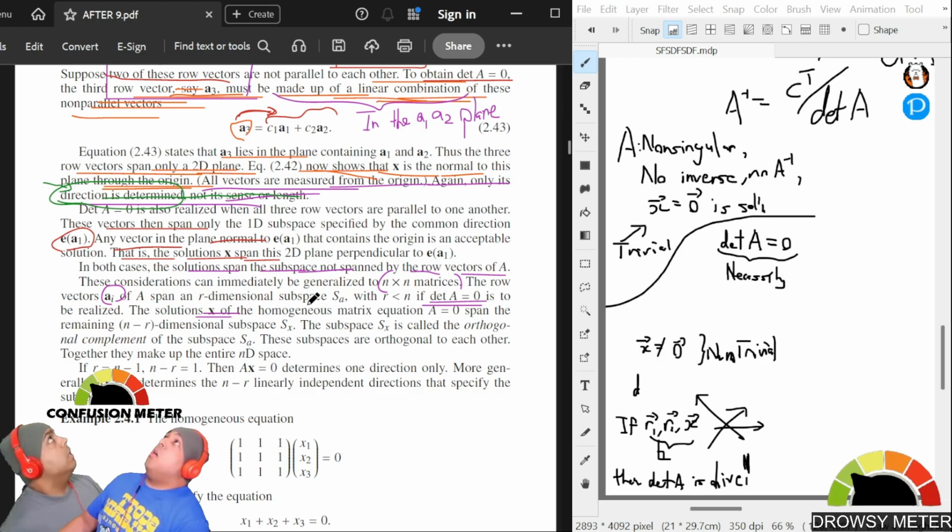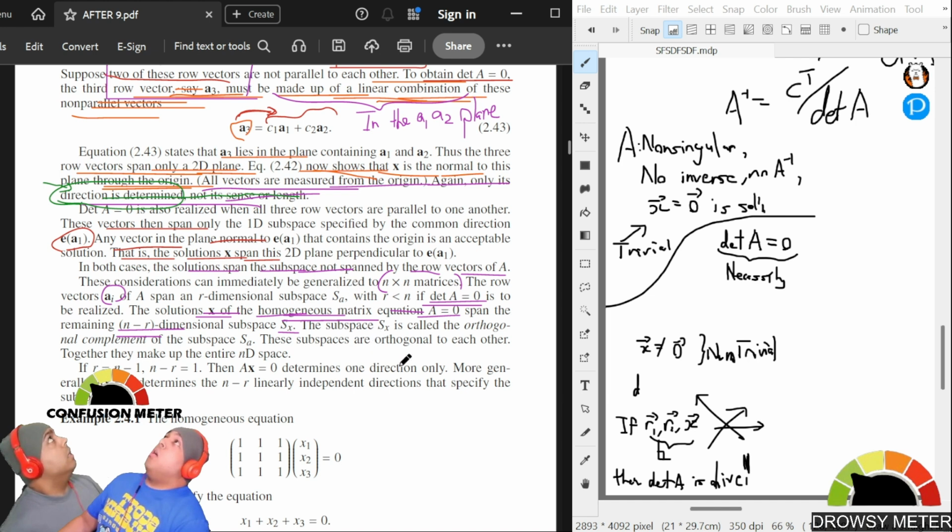The solutions X of the homogeneous matrix equation AX equals 0 span the n minus R dimensional subspace Sx. Okay, SA and Sx.